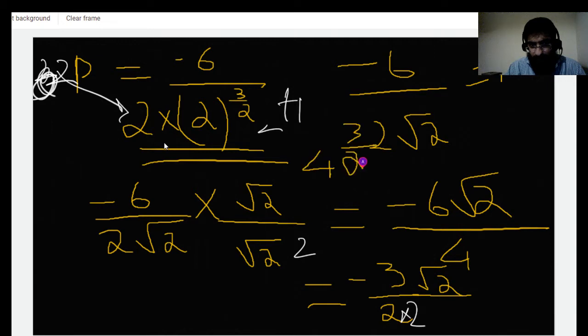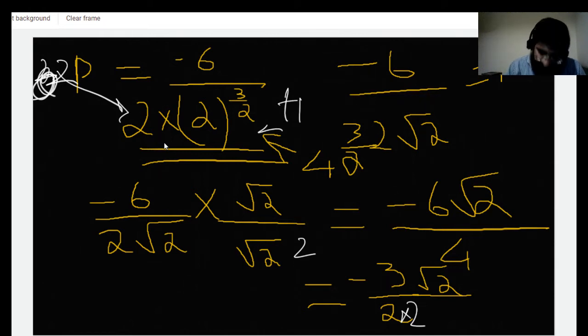3 by 3 root 4 by 2 minus 3 root 2 by 4, that is the answer. No, no, this thing in the denominator, does it become 4 root 3 by 2? Or does it become 2 into 2 root 3, 2 root 2?